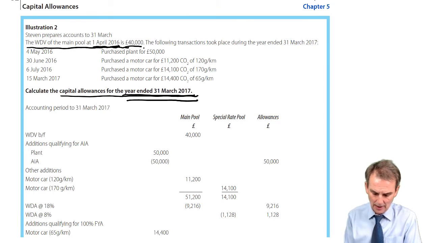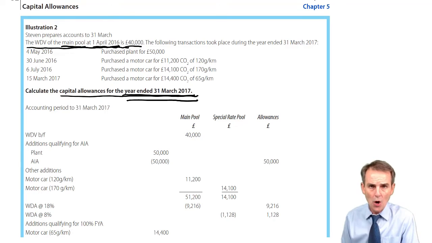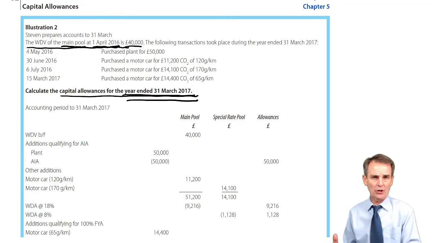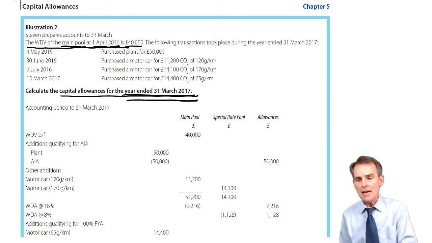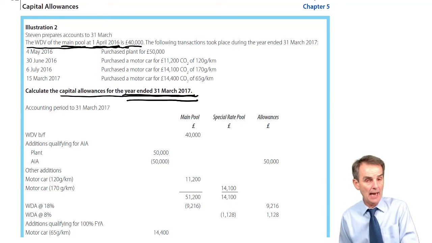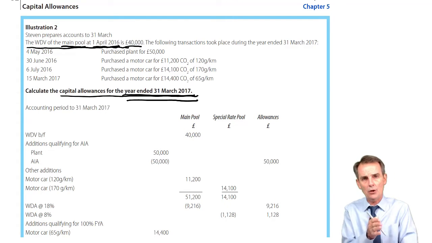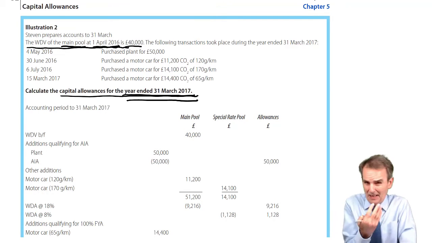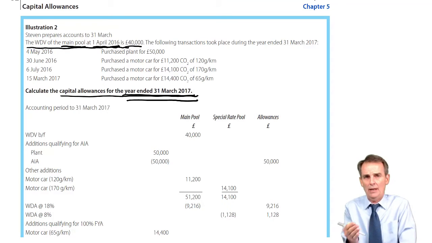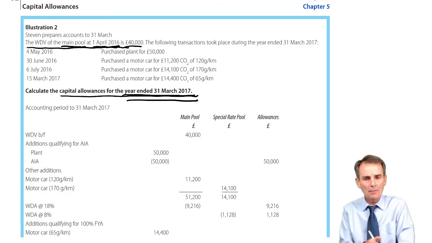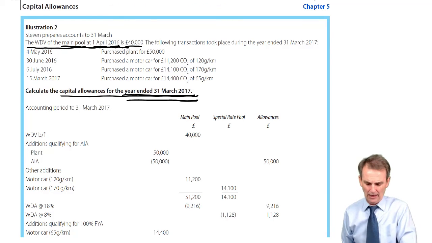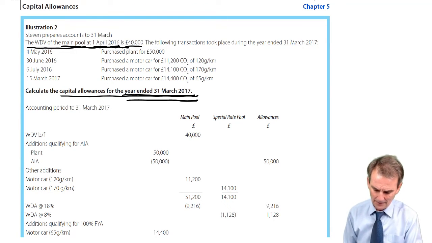We inherit a main pool, so that will be one column at least. You'll always have on the far right-hand side of your page the allowances available column, and any expenditure that qualifies for either AIA or indeed FYA, we would include within a column on the left-hand side. You don't have to label it AIA stroke FYA, just a little pound sign will do, but a little column in which we can list out the items purchased that would therefore attract that relief.